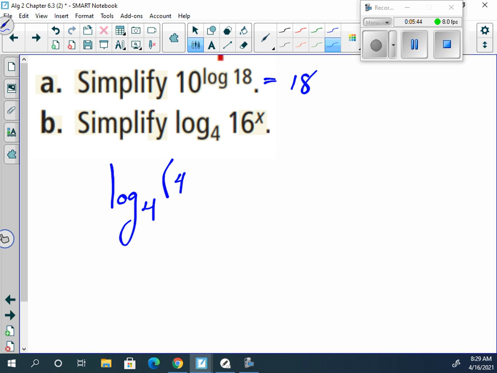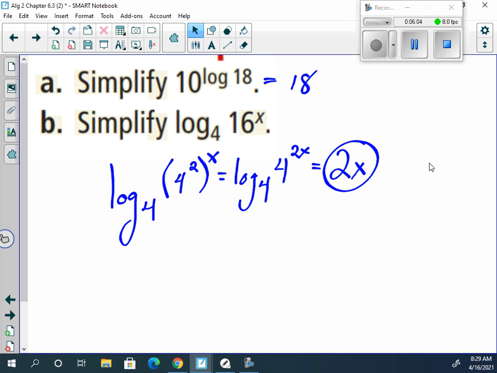And this would be what? 4 squared, because 4 squared is 16. Well, really, this is the same as saying log base 4 of 4 to the 2x, which would be 2x. But that's it for those there. Any questions on any of these here?